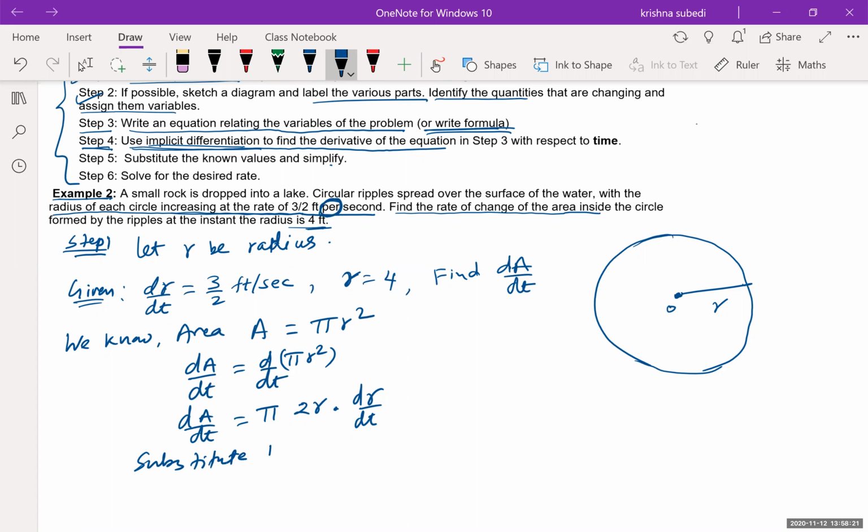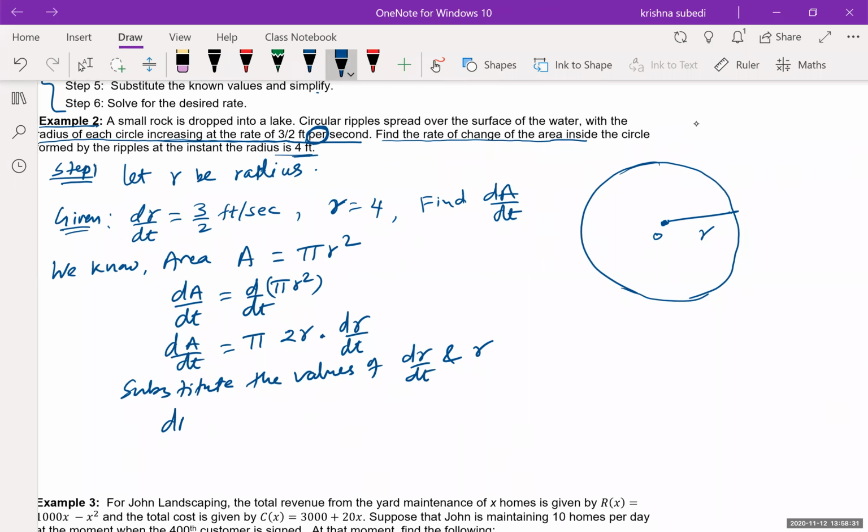Substitute the values of dr over dt and r. So then you get dA over dt equals pi times r, which is 4, times dr over dt, which is 3 over 2. So you will get 12 pi, which is approximately 33.7 feet.